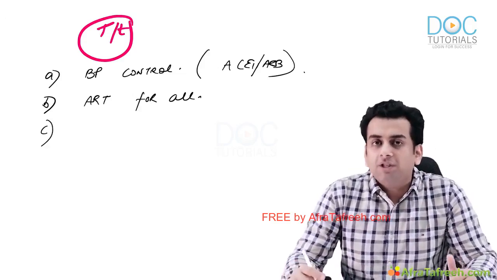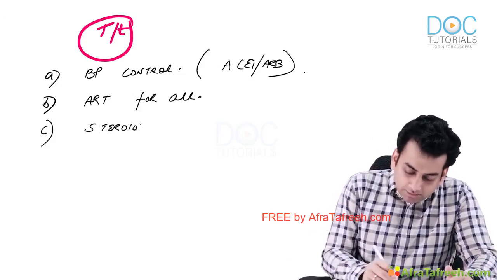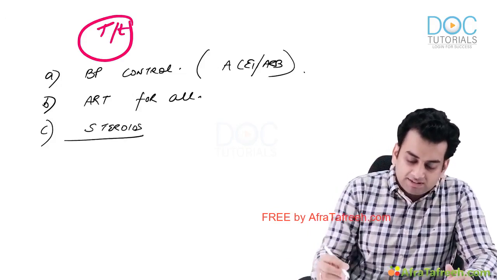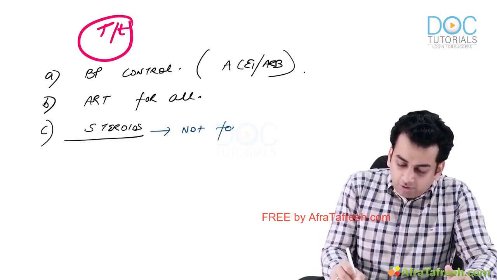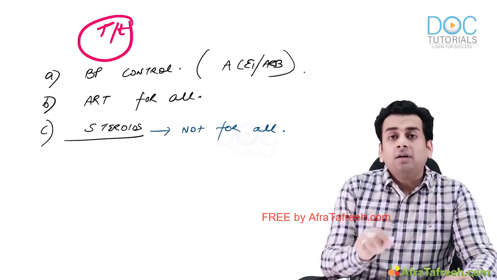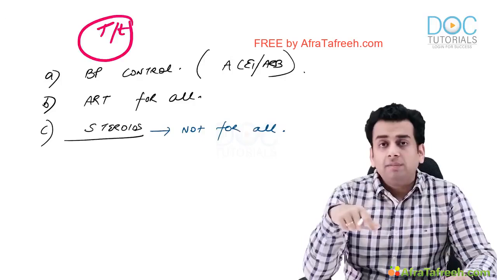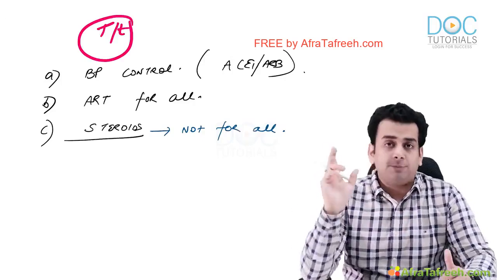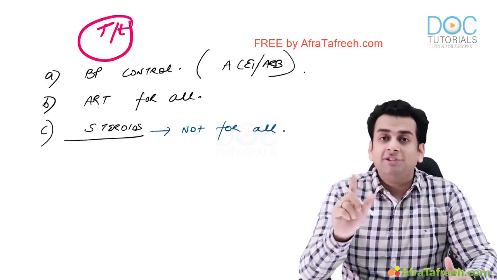Now, what about immunosuppression? Whether you will give steroids or not, that is the question. Now, the very, very important thing you have to understand is steroids are not for all. What are the indications of steroids? See, very importantly, you are immunosuppressing an already immunocompromised patient. It is an HIV positive patient. So do not add insult to injury.